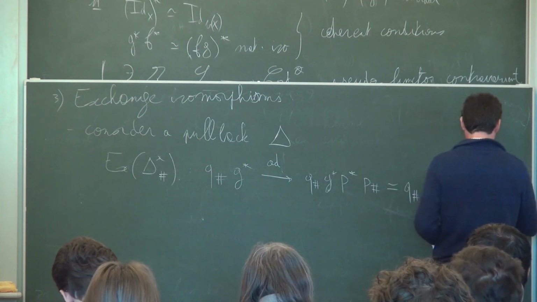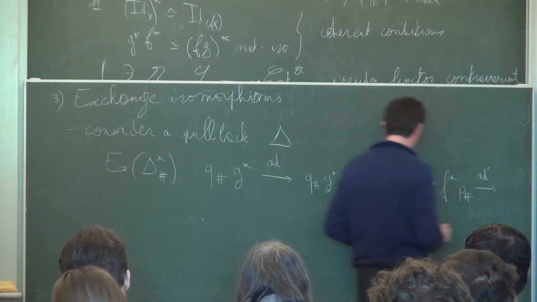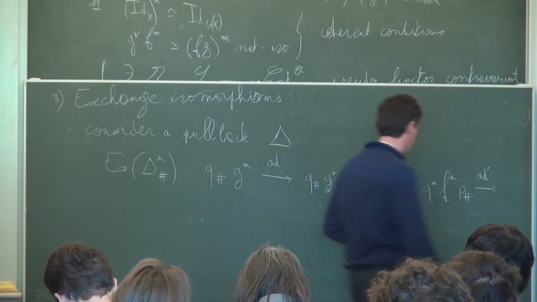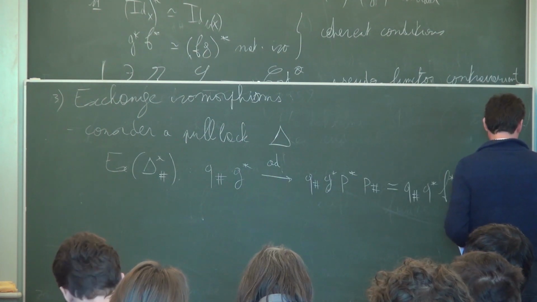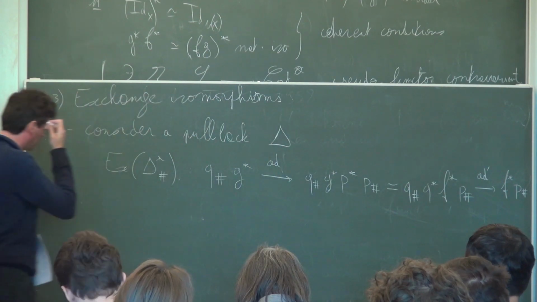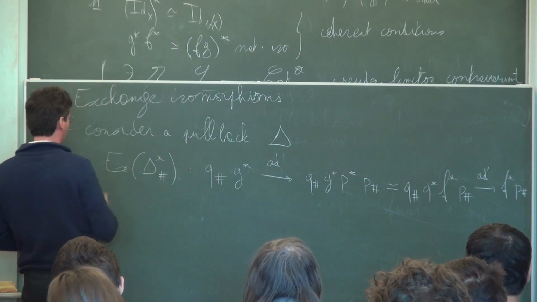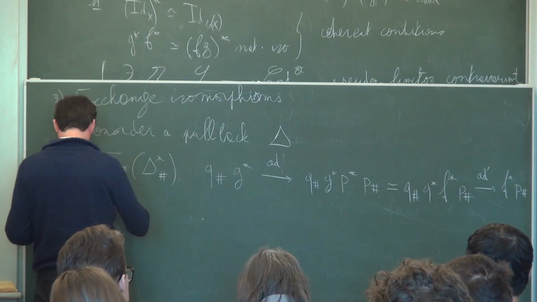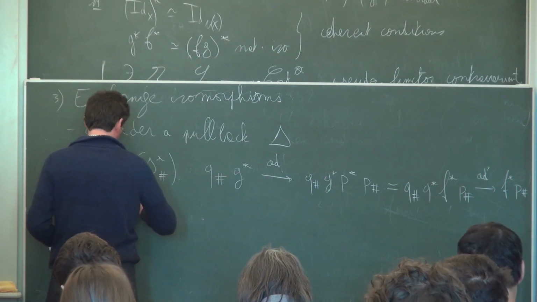Then you end up with the counit of the adjunction q_♯ q^*, and this goes to f^* p_♯. So this is a canonical natural transformation, and our first axiom is that this is an isomorphism.